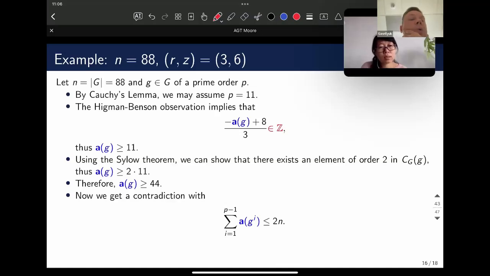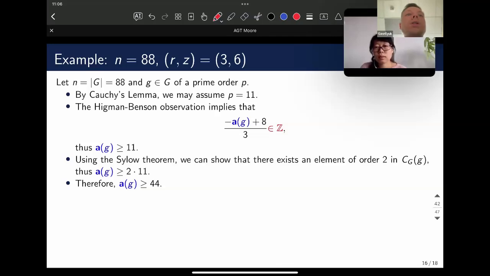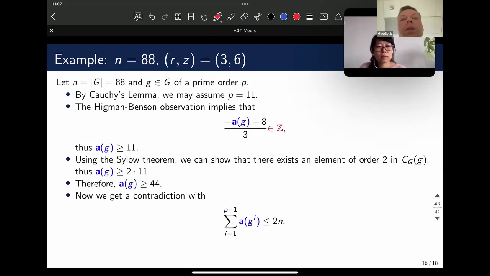And now G is an element of order 11. So we can repeat this argument. This inequality now holds for every element of order 11. So in particular, in this formula, we can assume that every term in the left-hand side is greater than or equal to 44.